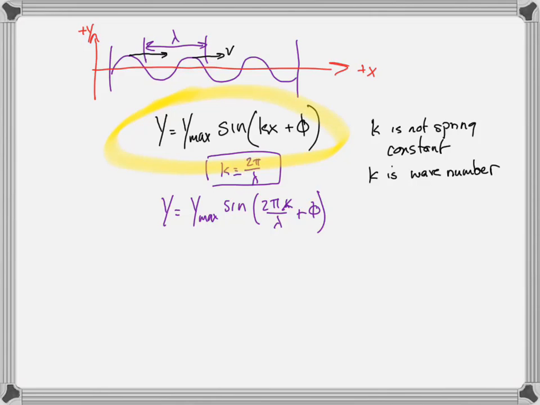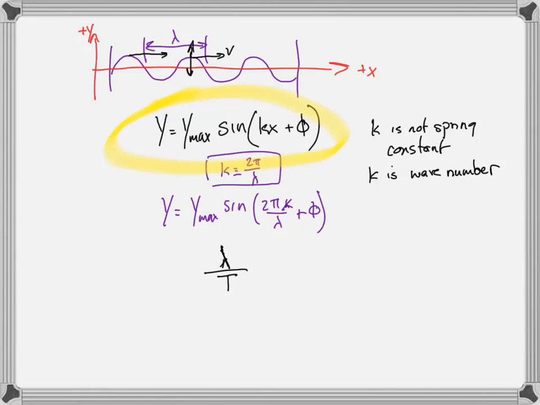Now think about a point on the wave. It is going to move up and down as the wave is moving by it. So how far does the wave have to move in order for the point on the wave to move up and down one full cycle? The wave has to move a distance lambda, and it takes a time T to move the distance lambda, right?